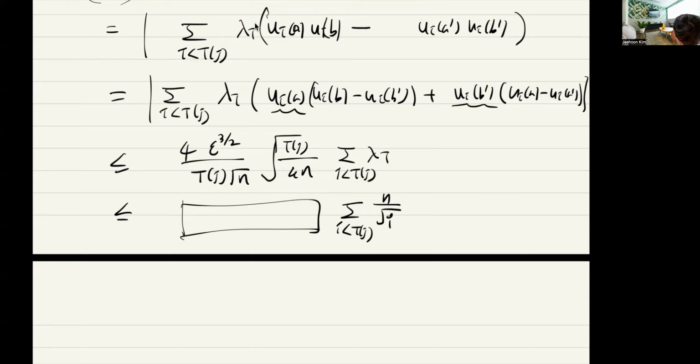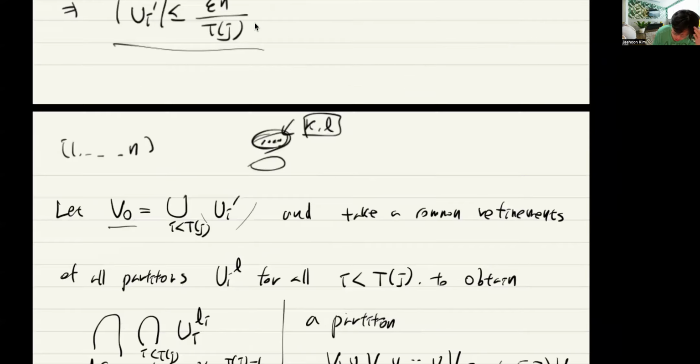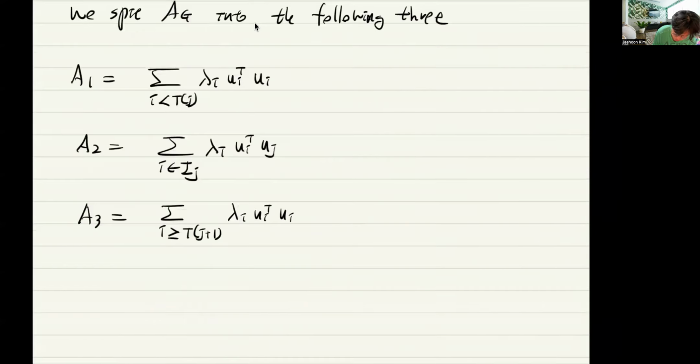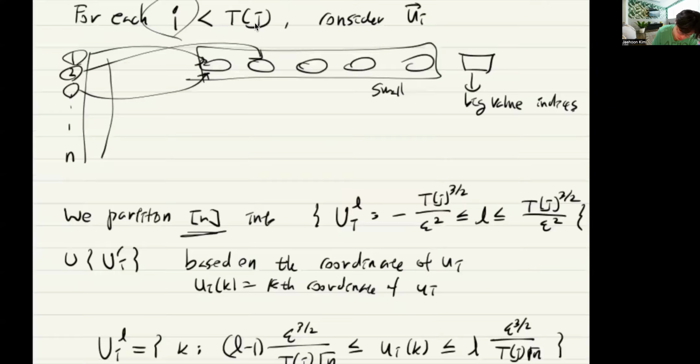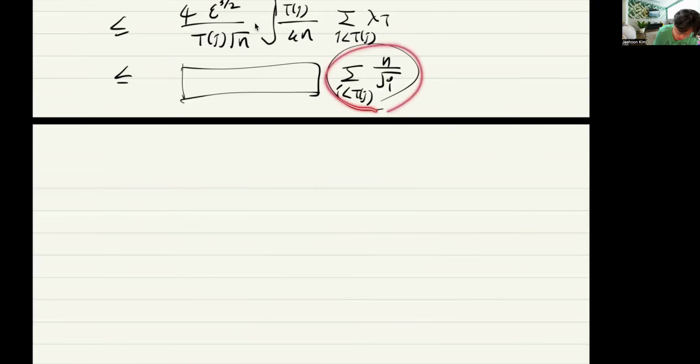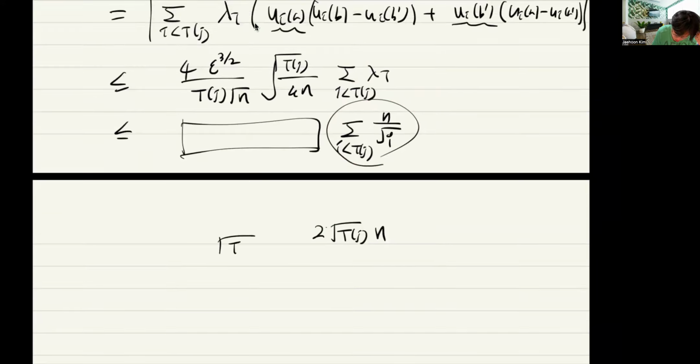But in that case, this is because of what we have shown before. And it's easy to check that this part is at most, say, twice square root of t_j n. And the previous part is square root of t_j n over epsilon, like 4. It's almost 8 epsilon.